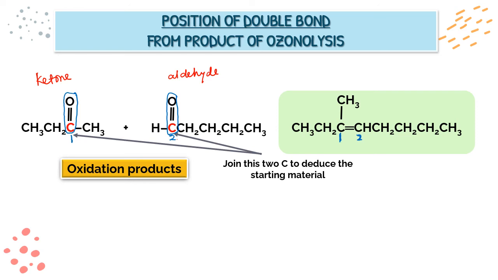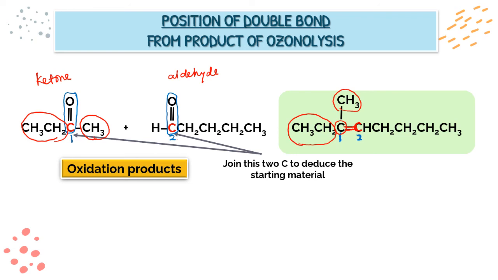If you look over here at carbon number 1, it has an alkyl group, a methyl group, and also an ethyl group. So at carbon number 1, after drawing the double bond with carbon number 2, it has methyl, so draw the methyl, and it has ethyl, so draw the ethyl.